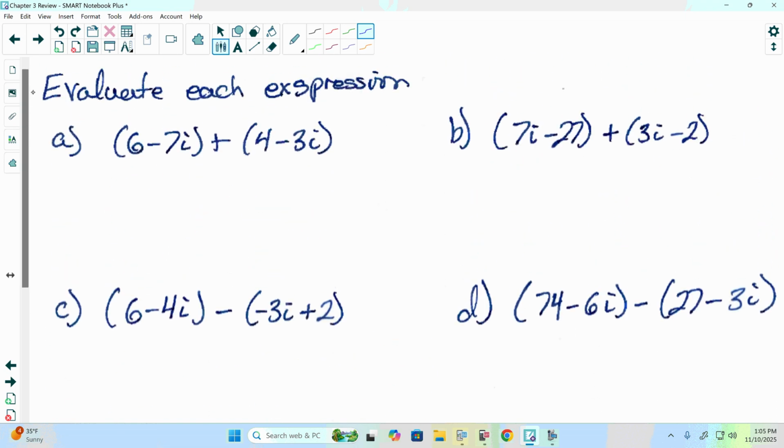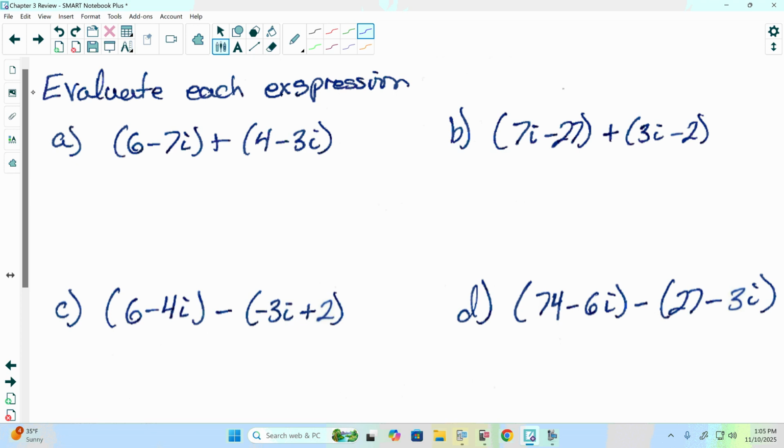A, B, C, D. Which one do y'all want to look at? B. And we went through this process because there's not a sign in front of either one. There's not a number or sign in front of the first set of parentheses. We would drop them. Because the sign in front of the second is a plus, we can just drop it. We distribute the positive 1.